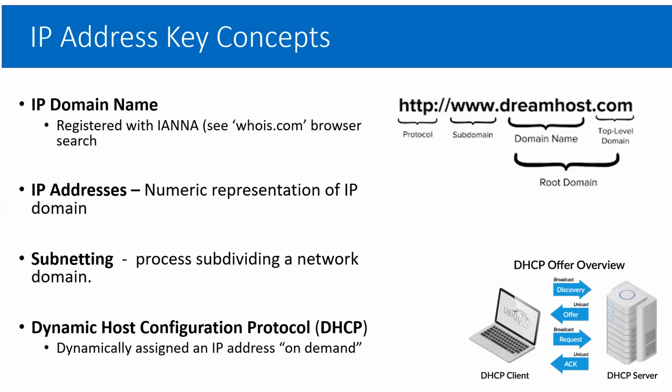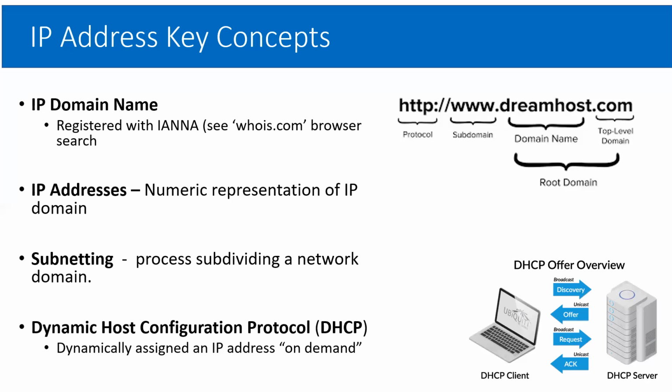Subnetting. So IP addressing: major organizations can reserve a range of IP addresses, and they do that through their internet service providers. Again, they pay for that if they reserve a range of IP addresses. Subnetting allows them to take that range and subdivide it into specific networks.